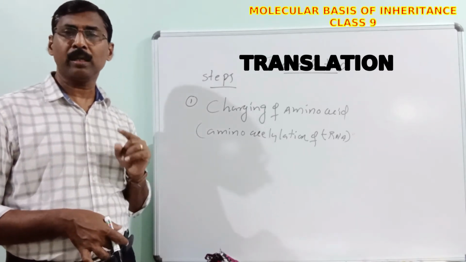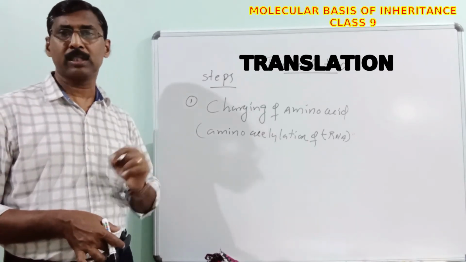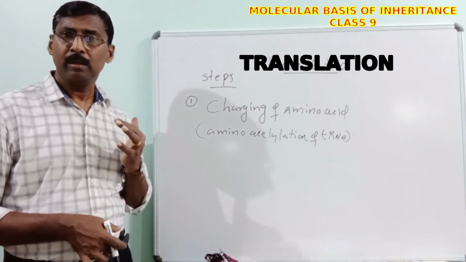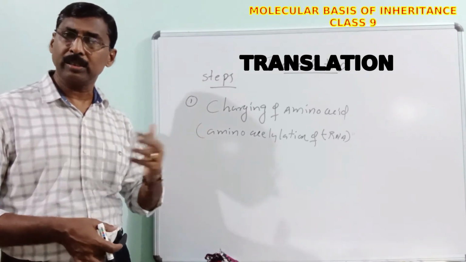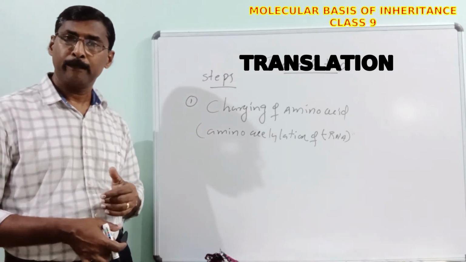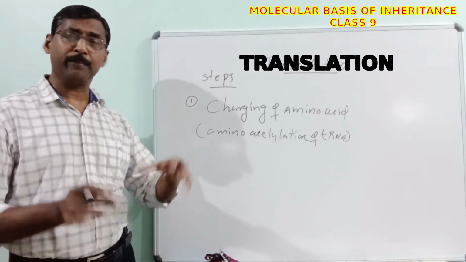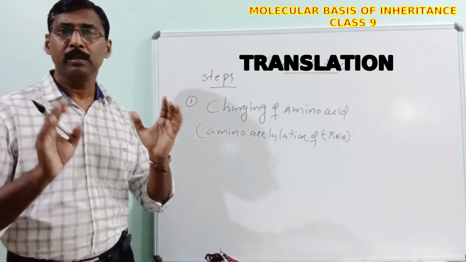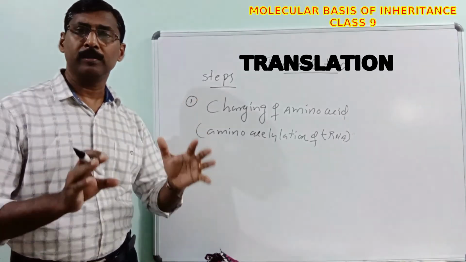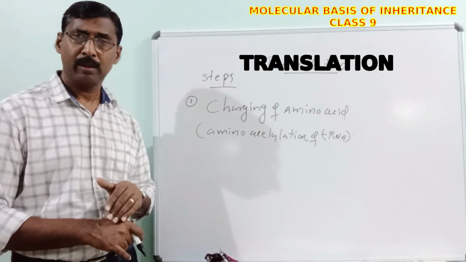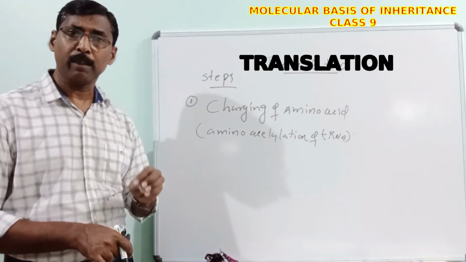An amino acid can combine with only that transfer RNA. For methionine, there is a transfer RNA called MET transfer RNA. For tryptophan, there is another transfer RNA. For arginine, there is another transfer RNA. So for every amino acid, there is a transfer RNA for that amino acid alone.